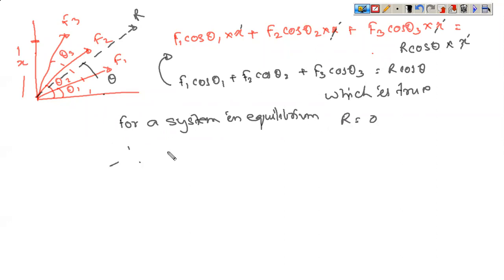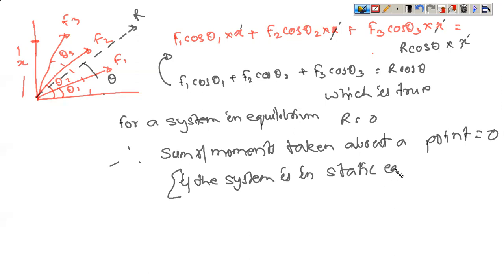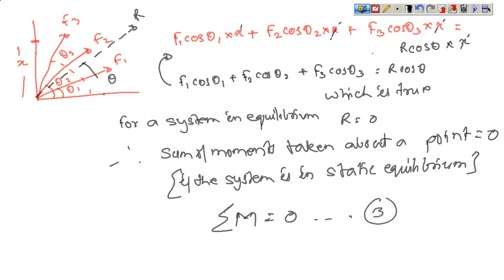So that means, therefore, the sum of moments taken about a point will be equal to 0 if the system is in static equilibrium. So that means the sum of all moments is equal to 0. This is your third equation of static equilibrium.